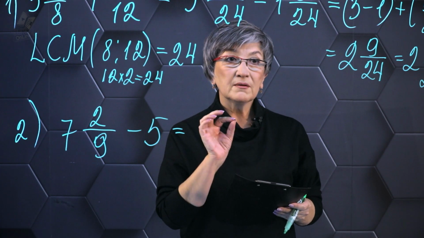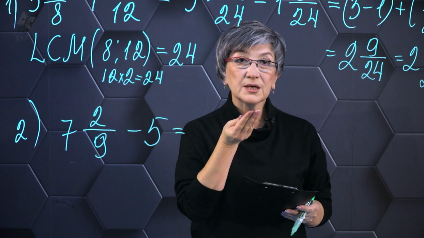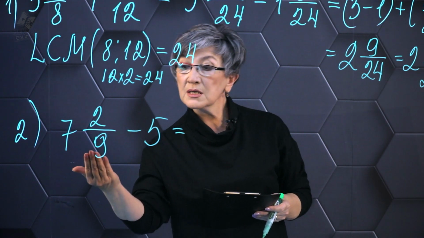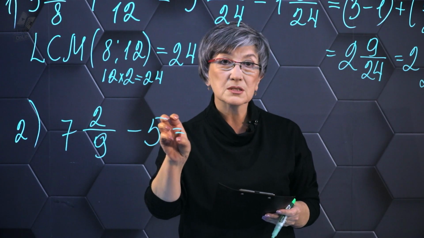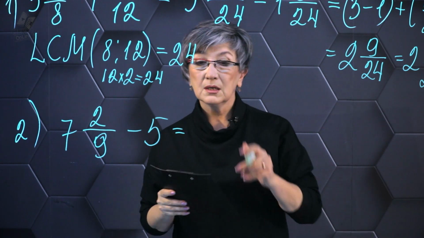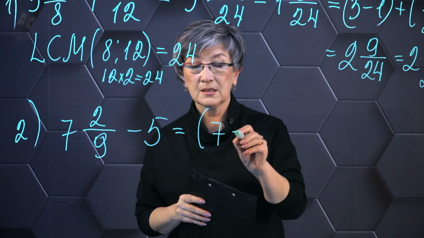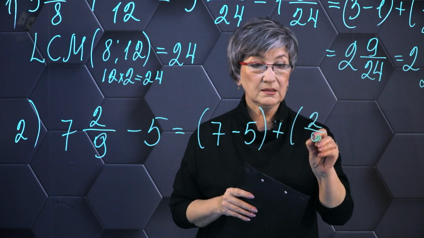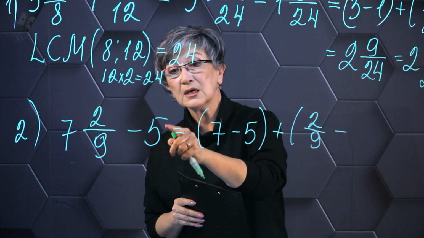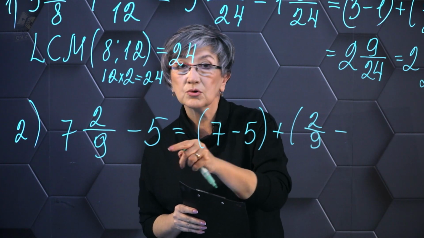We would need to talk about having the same common denominator. But I have a denominator here, and I don't have a denominator here. I don't have a fractional part here. So what do we do? I subtract 5 from 7 and plus 2/9. I have to subtract the fractional part, but it doesn't have this fractional part.